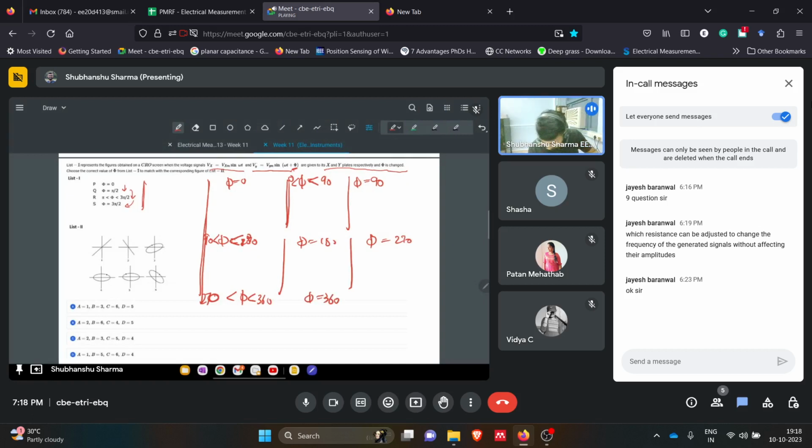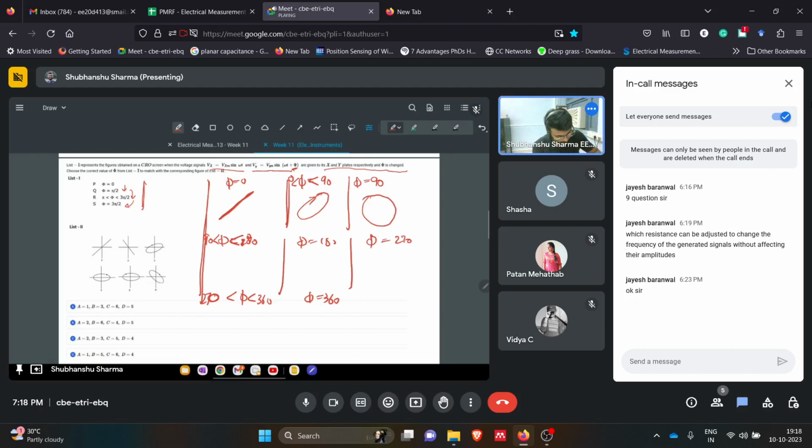So I will tell you what patterns you get for different phase differences. For phi equals 0, it is like a line. If there is no phase difference between the x and y signals, then the line is like this. If there is some phase difference between 0 and 90, then it becomes like this. If phi equals 90, then it becomes a proper circle.